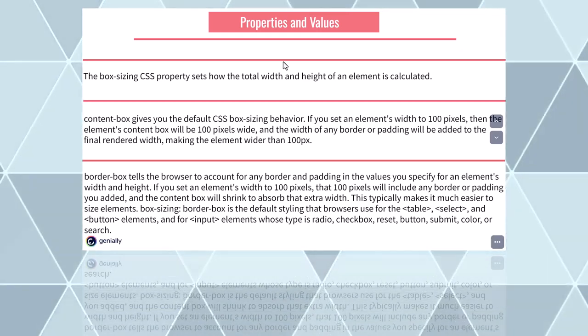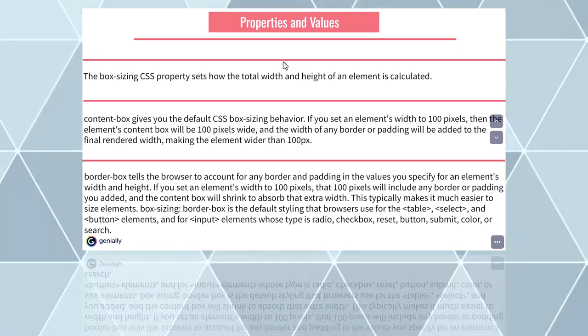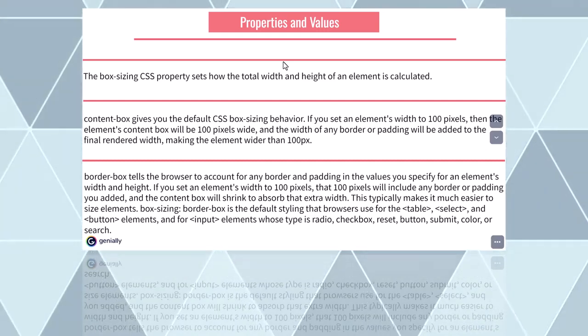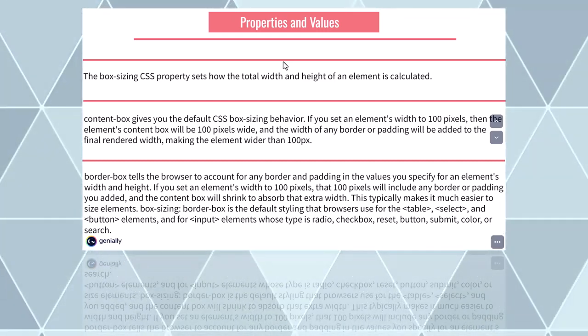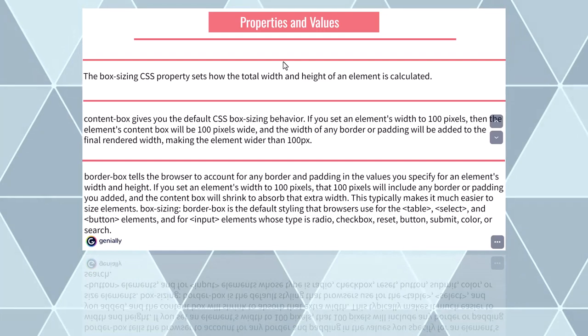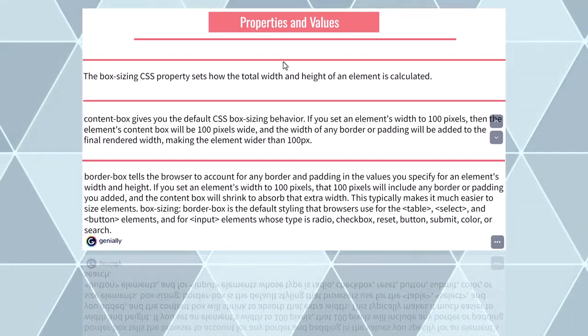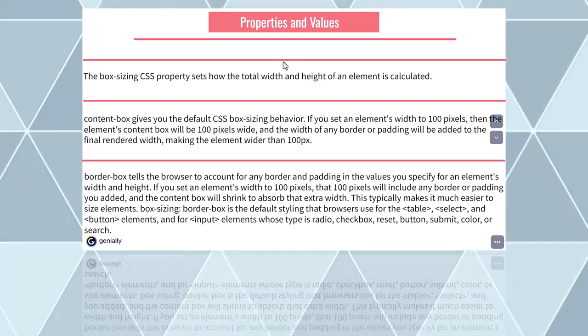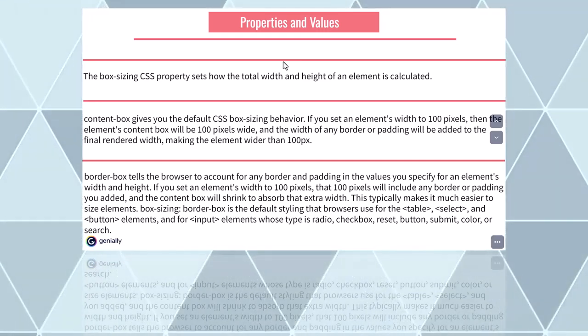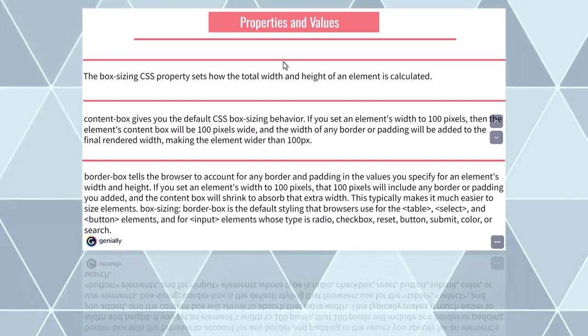The content box gives you the default CSS box sizing behavior. If you set an element's width to 100 pixels, then the element's content box will be 100 pixels wide, and the width of any border or padding will be added to the final rendered width, making the element wider than 100 pixels. So can you explain what is being said there?